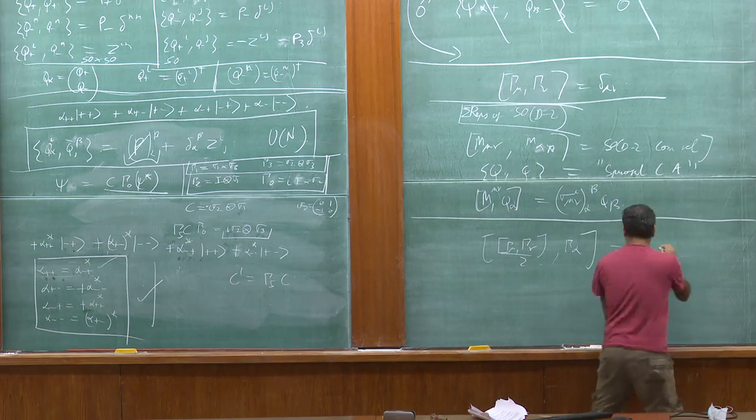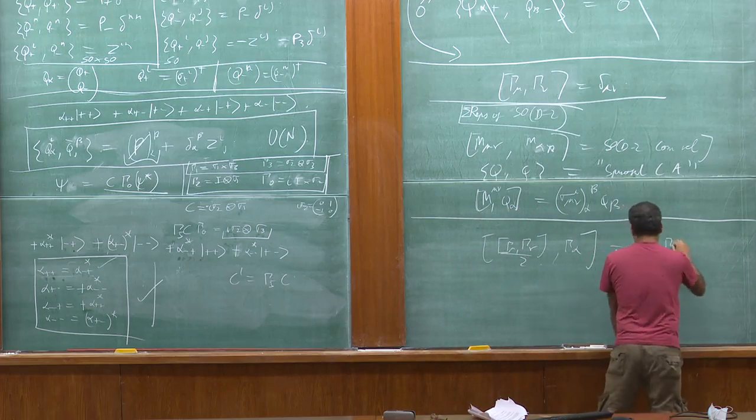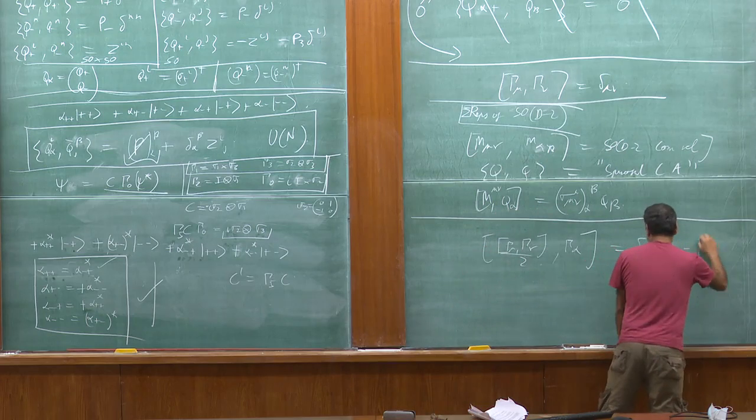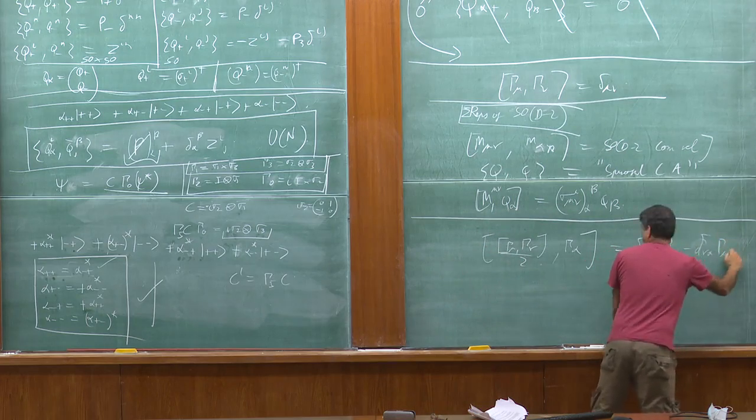This was equal to delta mu alpha gamma nu minus delta nu alpha gamma mu, maybe with some signs.